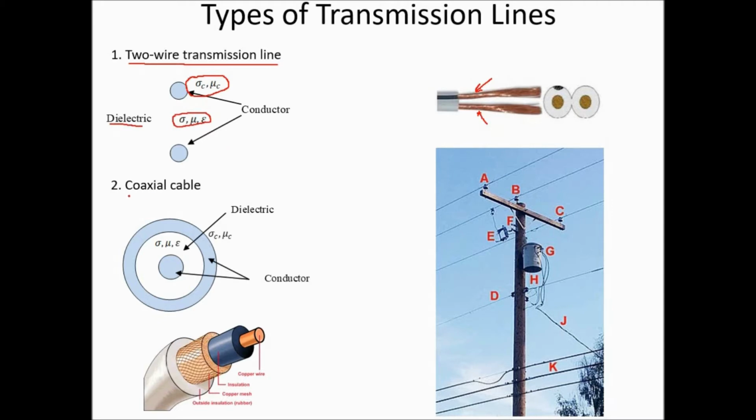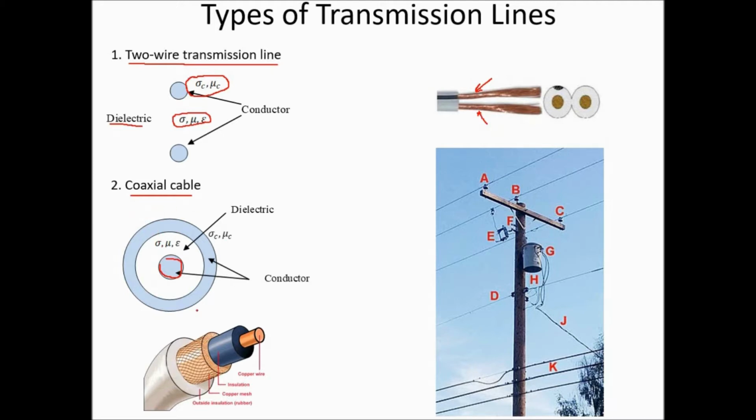Another type of transmission line is the coaxial cable transmission line. In this type, we have a circular conductor here, and that is surrounded by another conductor. In between, we have an insulator that separates the inner conductor from the outer conductor.